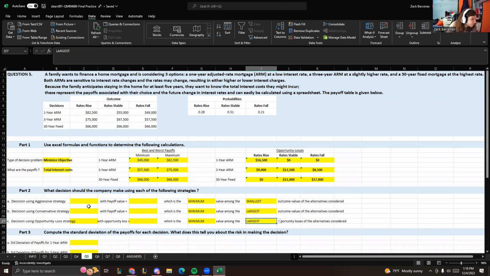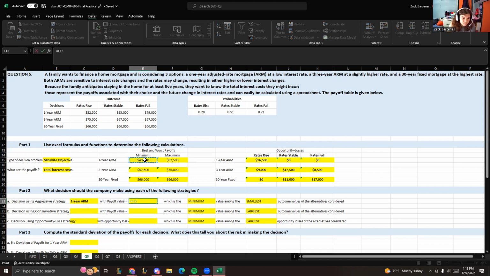Now with that being stated, we just have to find the values, and this one would be the 1 year because it's equal to this value right here. And then in the conservative strategy, it would be the minimum among the largest.